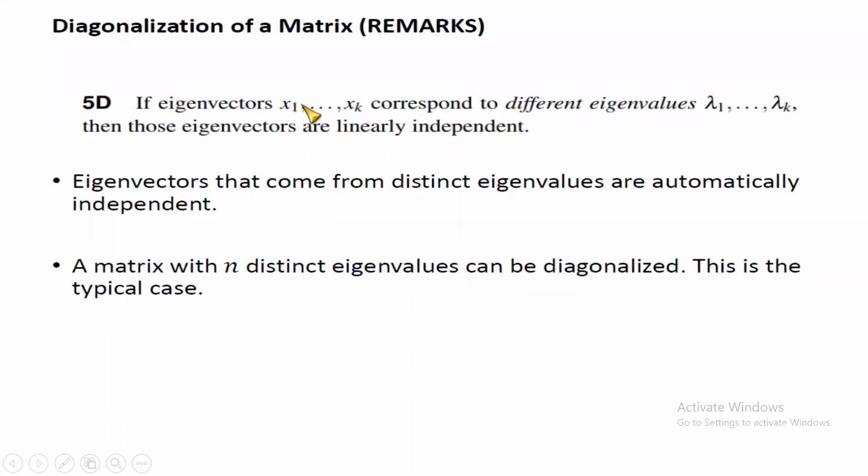If eigenvectors x1 to xk correspond to different eigenvalues lambda 1 to lambda k, then those eigenvectors are linearly independent, and diagonalization can be done. A matrix with n distinct eigenvalues can be diagonalized, and this is the typical case. However, some matrices which do not have distinct eigenvalues can still be diagonalized, but there's a chance that they might not be possible to diagonalize.